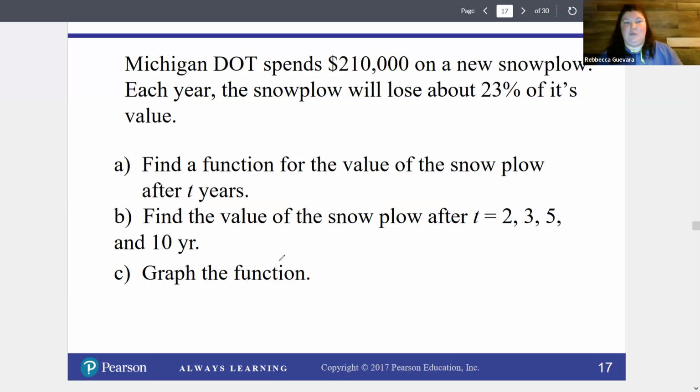So in the previous question, we were gaining value. Here we're losing value. So when you lose a rate, we're not going to have 1 plus that rate. It's going to be 1 minus that rate. What we have here is that my rate is going to be not 23%, but 0.23.